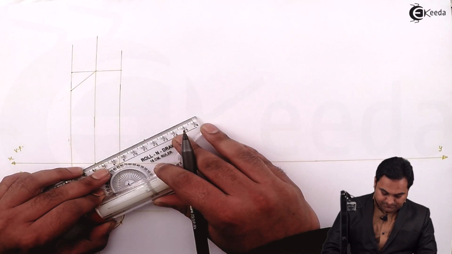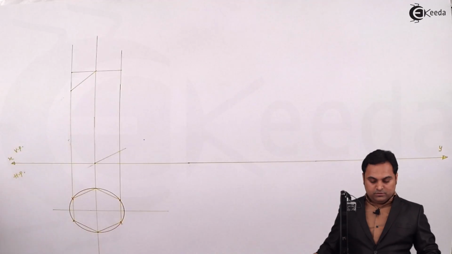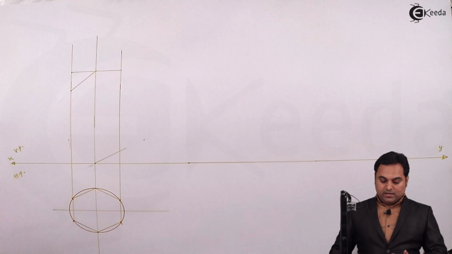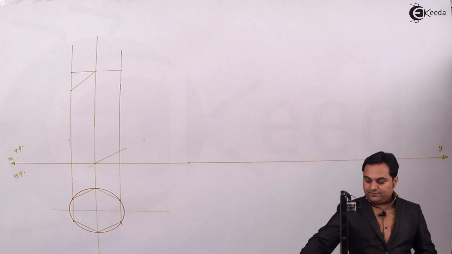Drawing a light line. So now this is the cut hexagonal prism which is given in the question. After completing this, I'll make it dark and even give the notations here.